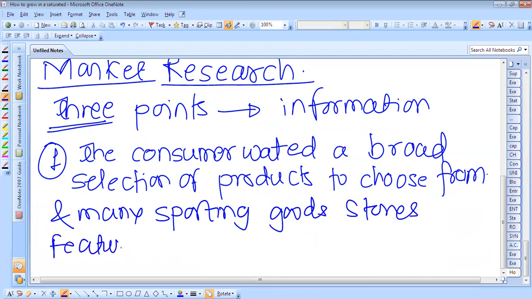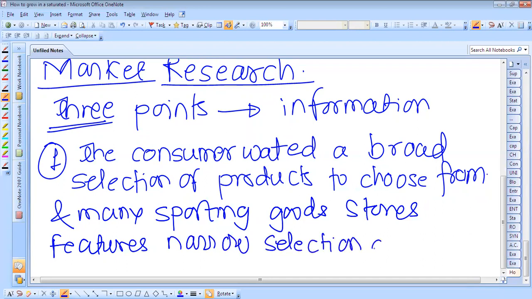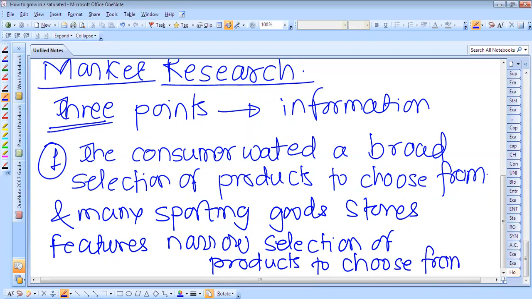So when he did the research about the markets, the first information he got was that consumers wanted a broad selection of products to choose from, but many sporting goods stores feature a narrow selection.